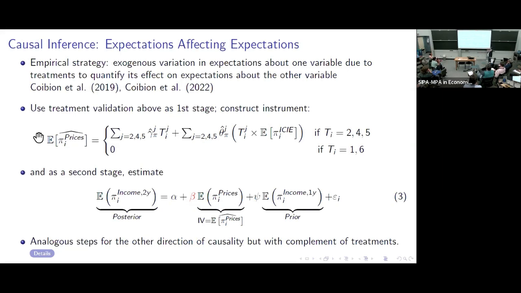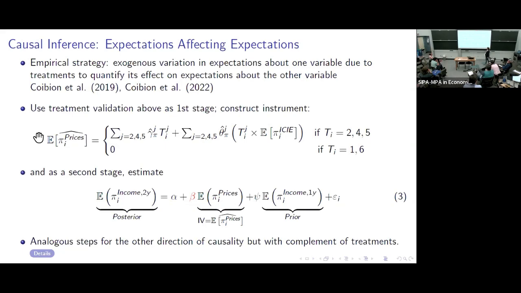Then in the second stage, I'm going to estimate the effect of the posterior inflation expectations on posterior income growth expectations while controlling for the prior and instrumenting for posterior inflation expectations using the instrument up here. And I'm going to do analogous steps for the other direction.